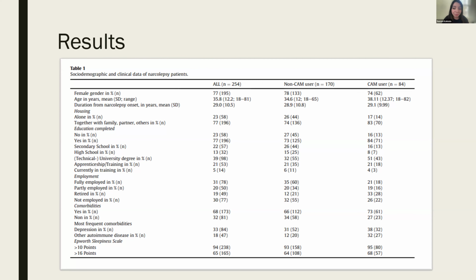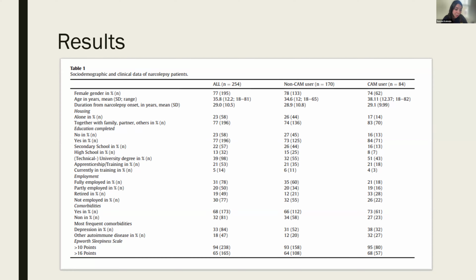I think Roma put something in the comments. Most frequent comorbidity is depression. Yeah, so depression was present in both non-CAM users and CAM users, but there was no statistical significance between the differences between those two.